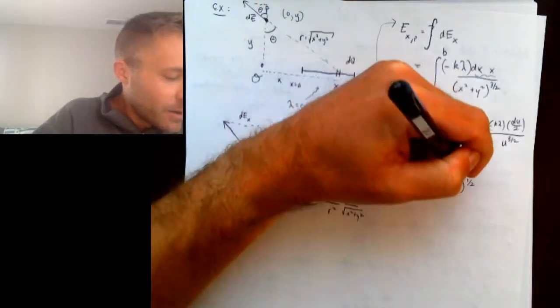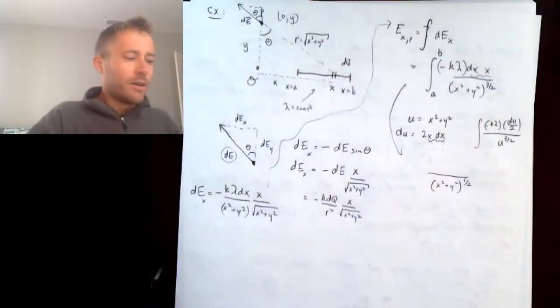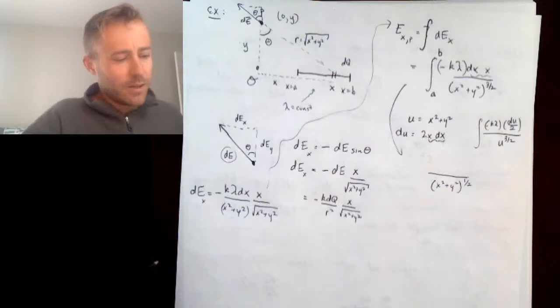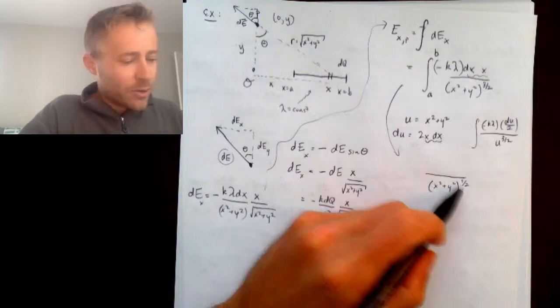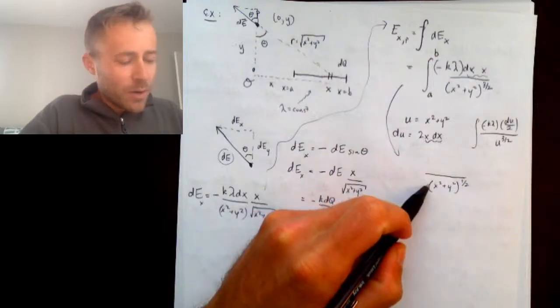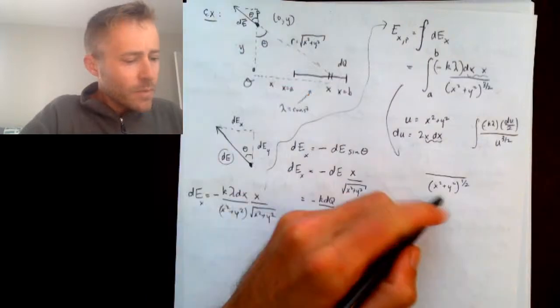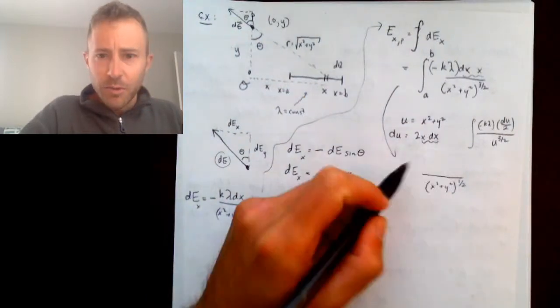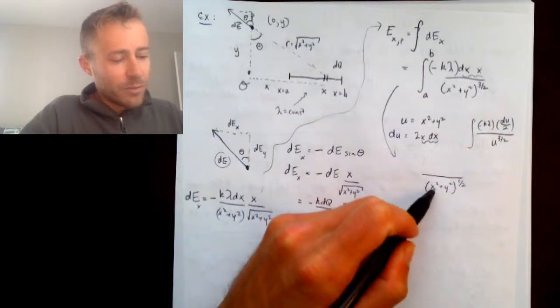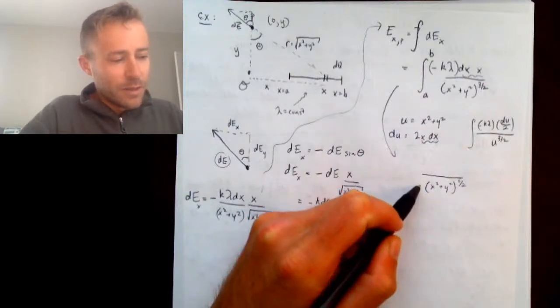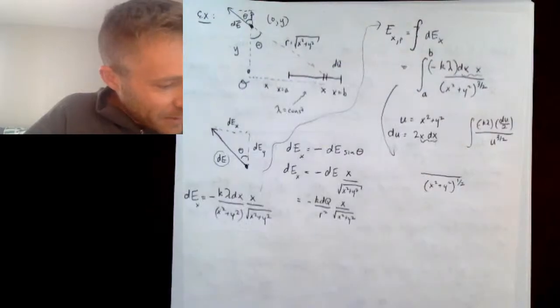And then I just have to get the factor correct. When I take the derivative of this, it's going to multiply out a negative 1/2, and then with the chain rule, it's going to multiply out a 2.